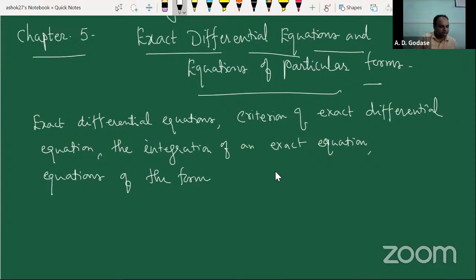First, equations of the form d^n y by dx^n equal to f(x), that is the nth derivative of y with respect to x is equal to f(x).